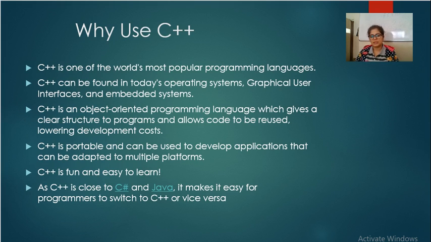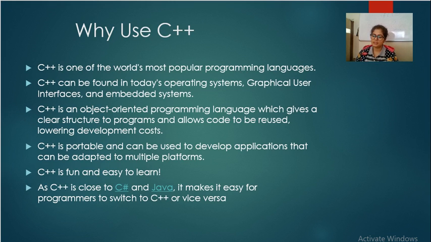C++ is an object-oriented programming language. We also call C++ an object-oriented programming language. The short name of this is OOPS, that is, object-oriented programming. Now why is C++ called an object-oriented programming language?